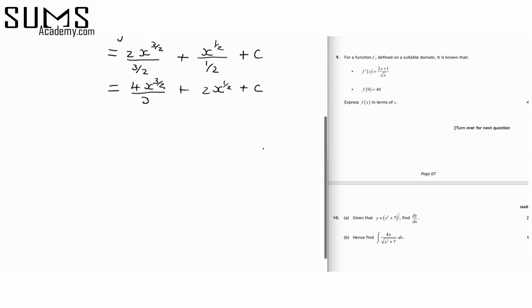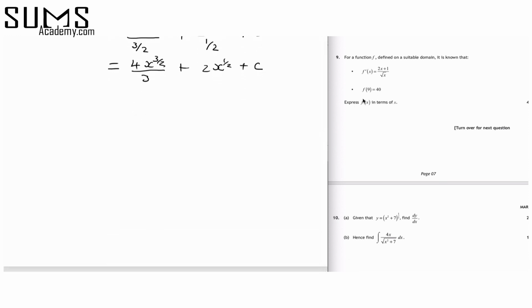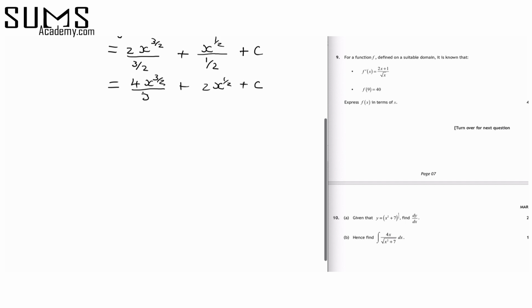Well, how are we going to do that? Well, we're actually told that f of 9 is equal to 40, so basically that's saying when we put 9 in for every value of x, we end up with it being equal to 40, and if we know that, we can work back to calculate this c. So f of 9 is equal to 40.